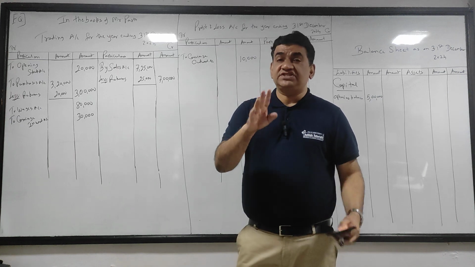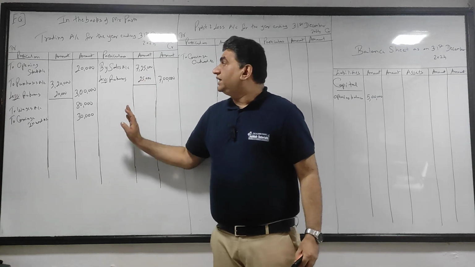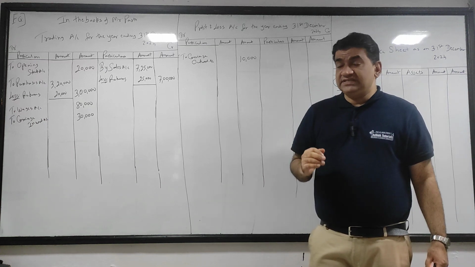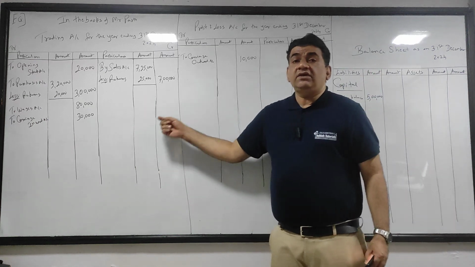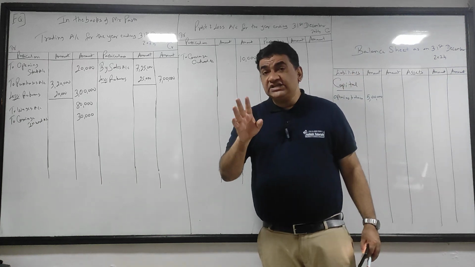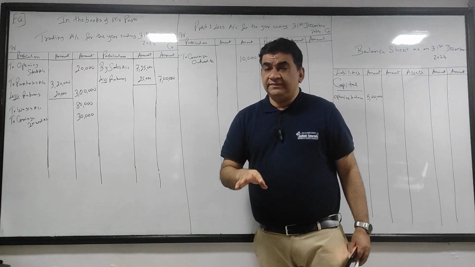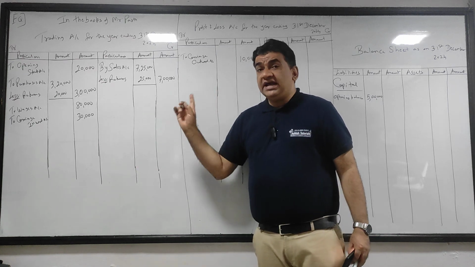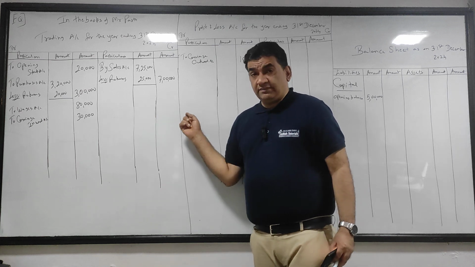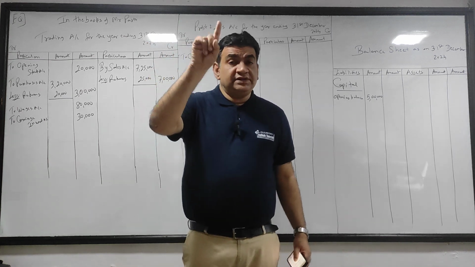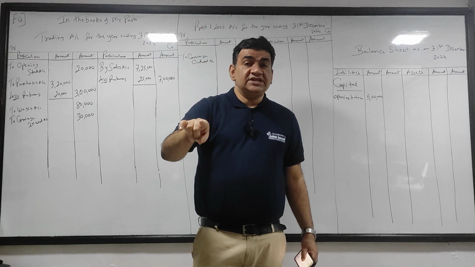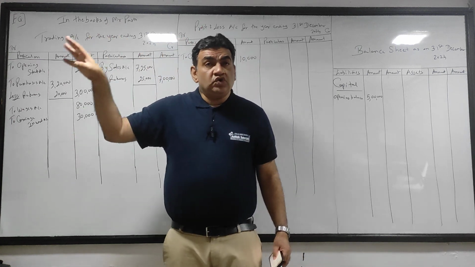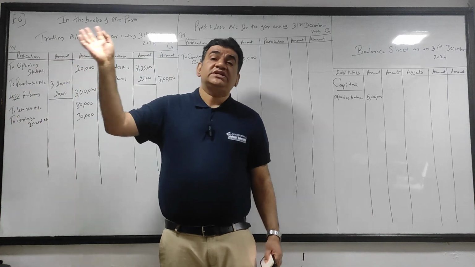Any expenses which are incurred in business will be debited to trading or P&L, and any expenses which are personal in nature, because they are not business expenses, it won't come here, but it is a personal expense. So personal expense will be deducted from the owner's account because owner has withdrawn money for his personal use.